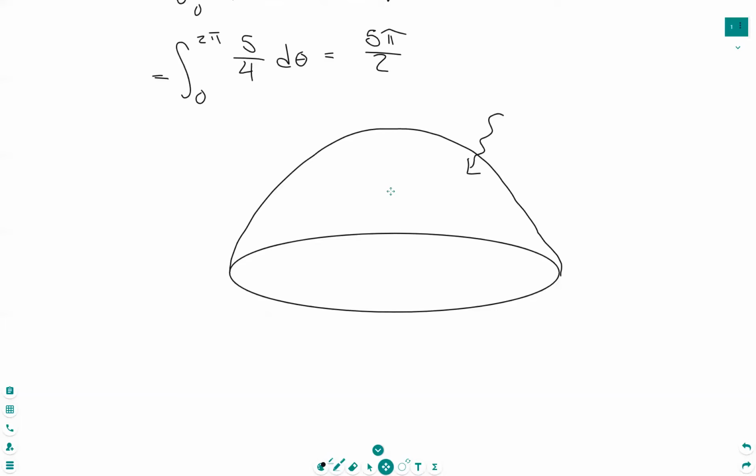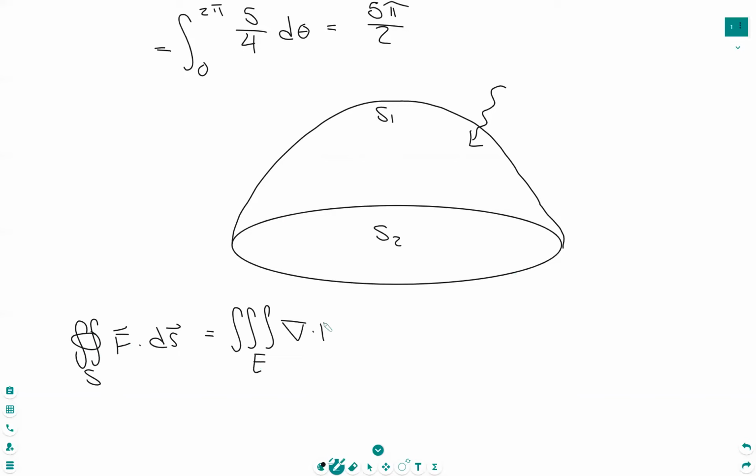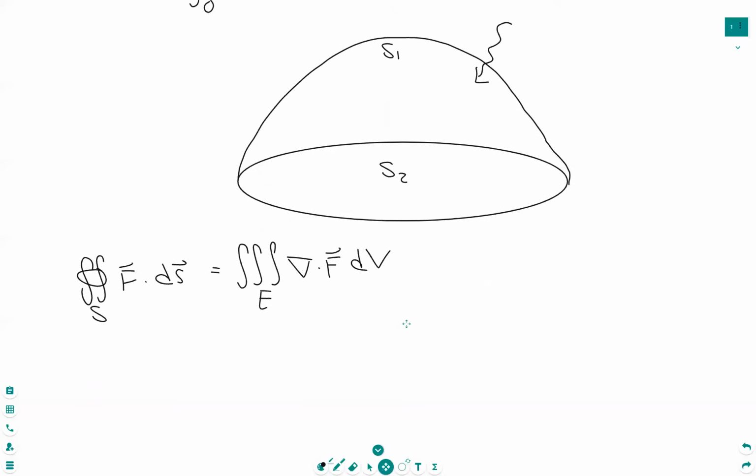Because it's not closed, I can't inherently use Gauss's theorem. So we say that this is some surface S1. What we could do is imagine that there is a second surface here, and now it becomes closed. We'll call that whole thing S, the integral of F dot dS. Using Gauss's theorem, we need to calculate the divergence of F over that volume.